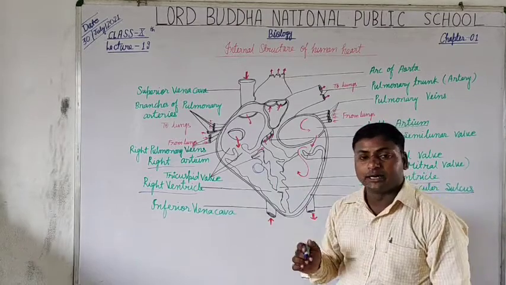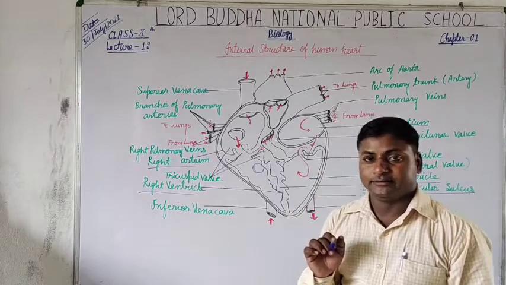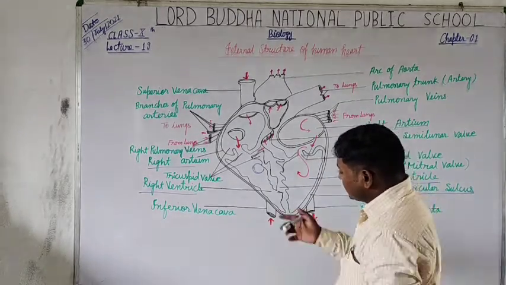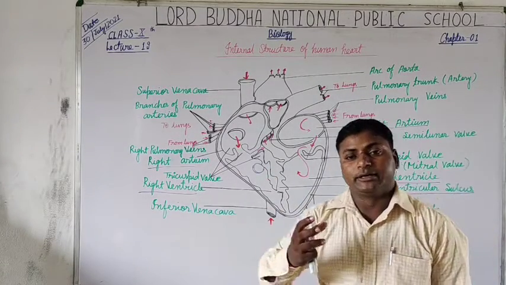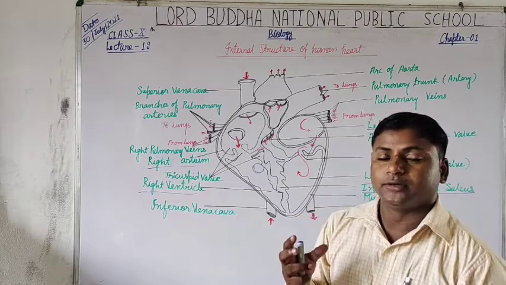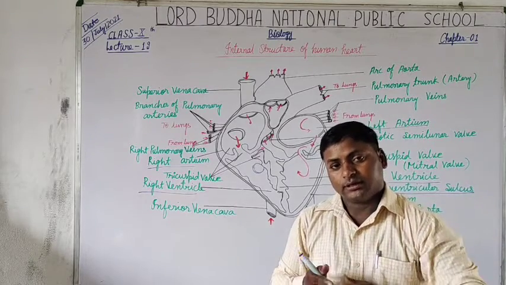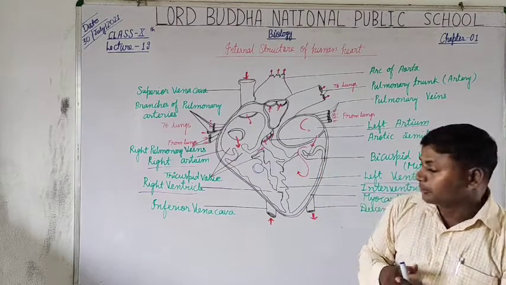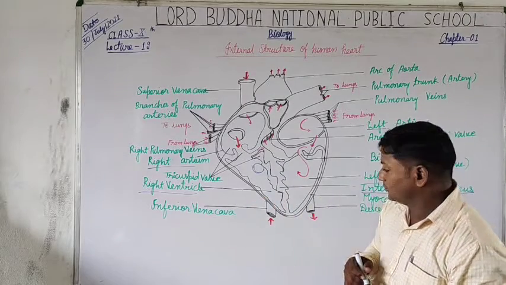They are called chordae tendineae. These are pit-like structures and also help in maintaining the pressure of the blood during the expansion and relaxation of the heart, because these are associated with the cardiac muscles. Is that clear?